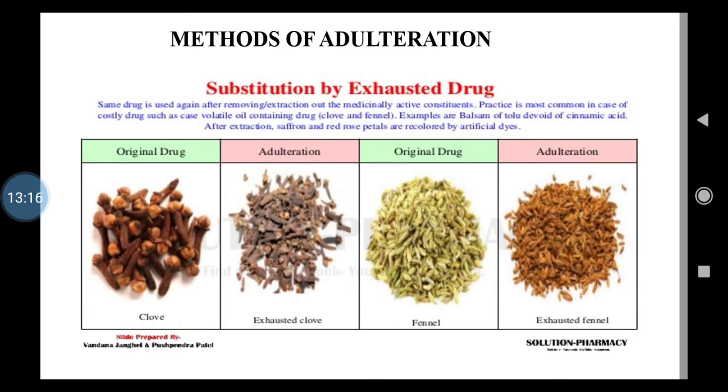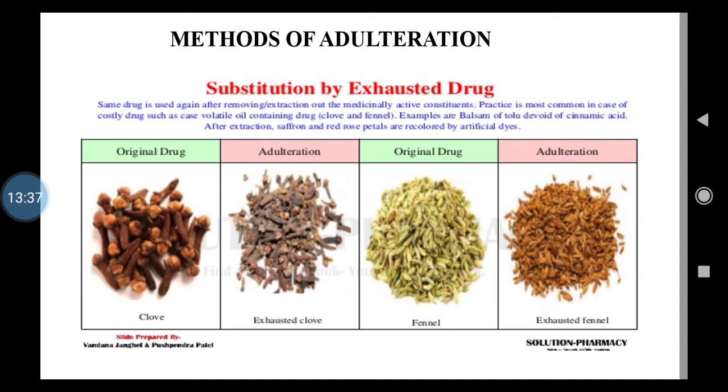This is observed in the case of very expensive drugs, for example clove. You can see in this slide the original drug clove, lavang.